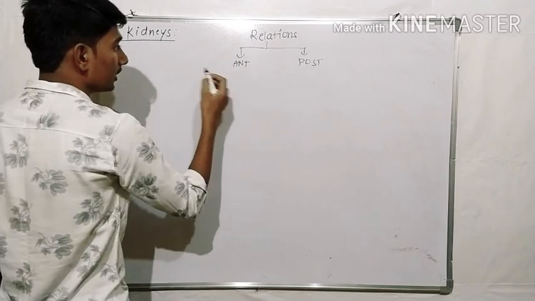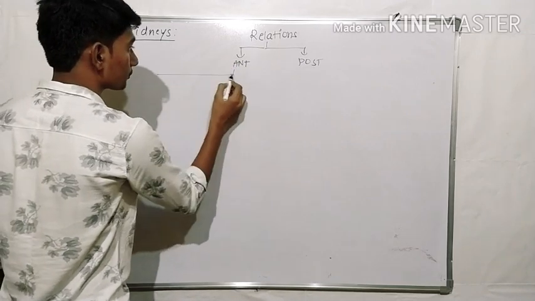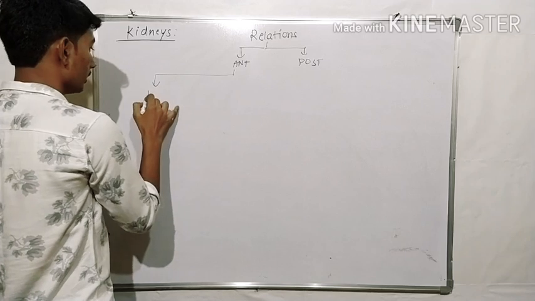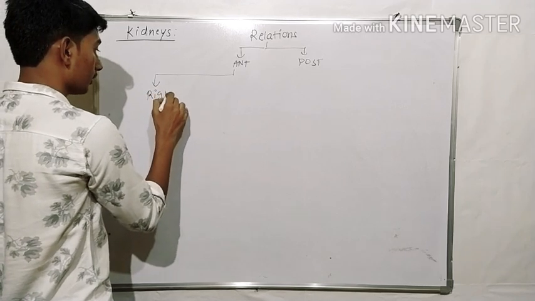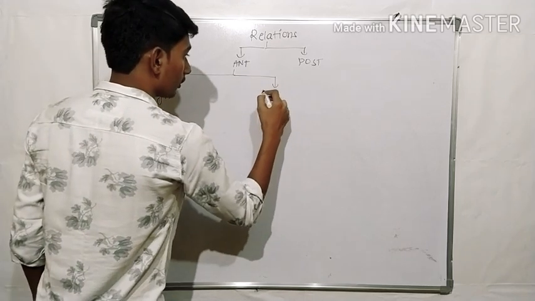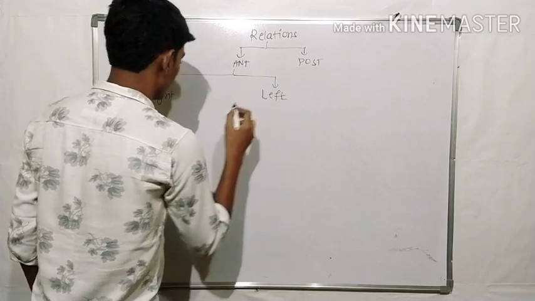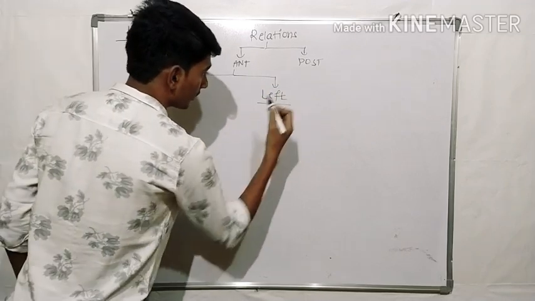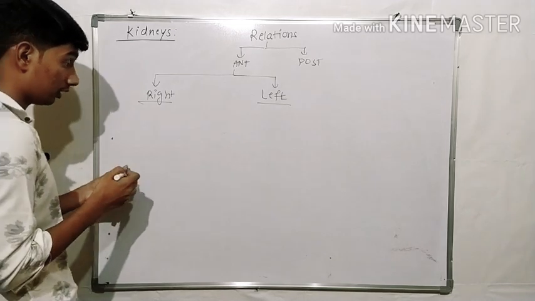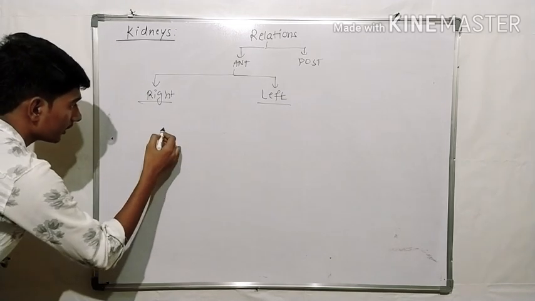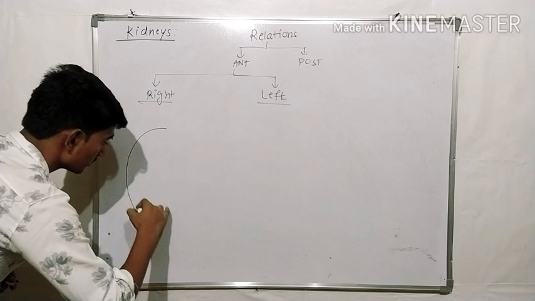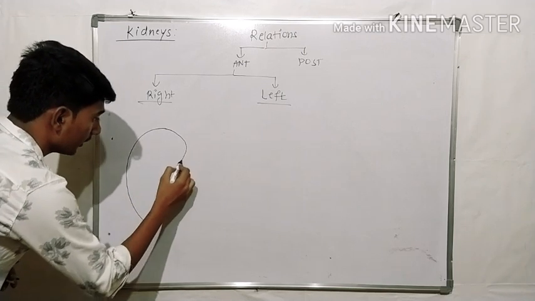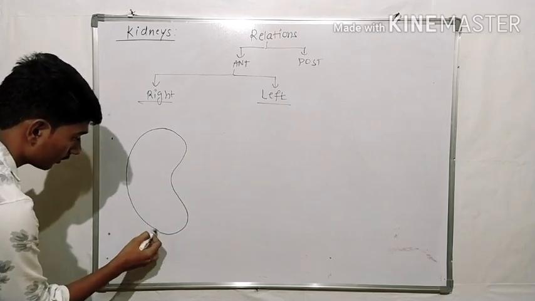Now the anterior relations of the right kidney and left kidney. I will draw here the right kidney. This is the right kidney.